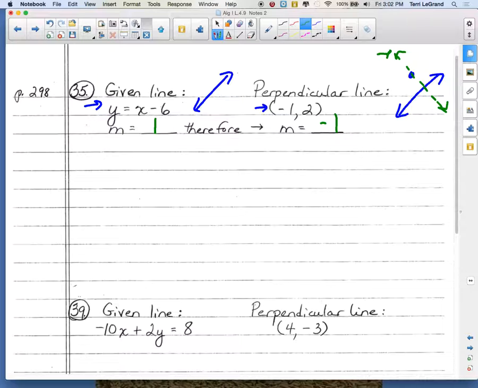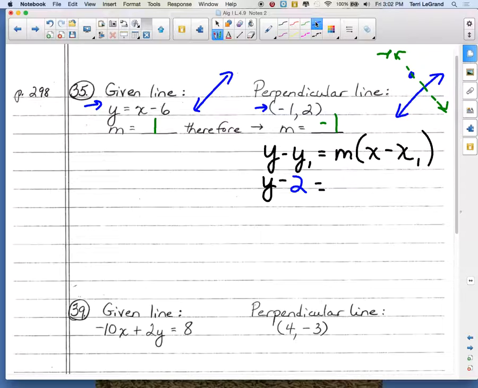Well, we know it also has to go through that point. So remember, this is where we put it in our point-slope form so we can get our equation for that line. So we have y subtract. What are we going to subtract from our y? 2. What are we putting in for our slope? -1. What are we putting in for our x sub 1?